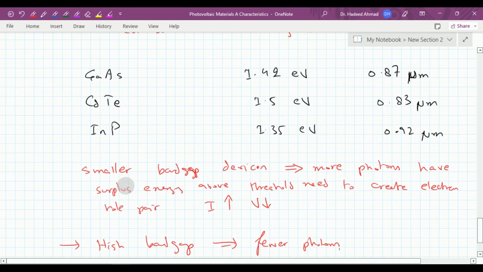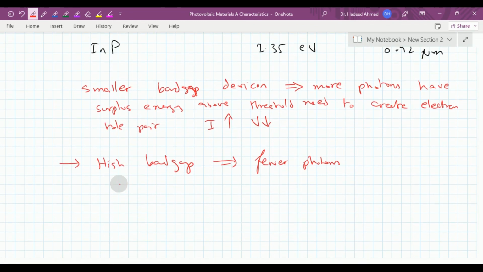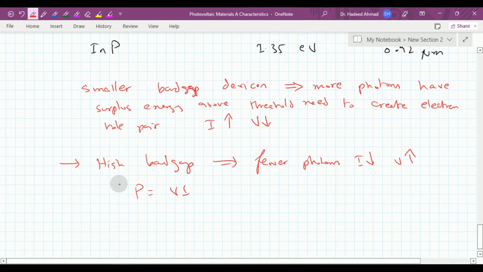So for a higher band gap we have fewer photons available to create carriers in the conduction band, and therefore the current I is less, while the voltage of these higher band gap devices is high. Because the power P is equal to V into I, there must be some middle ground band gap at which it can give us the maximum possible efficiency.